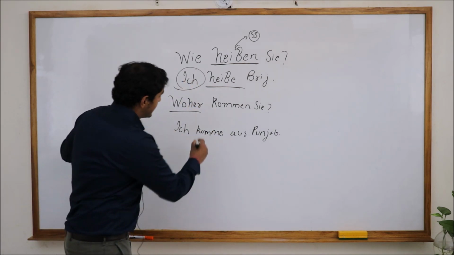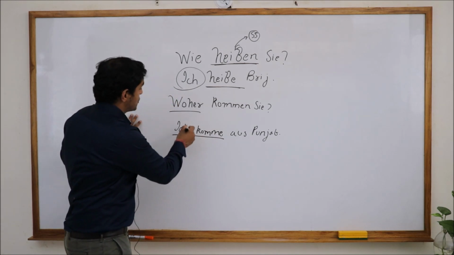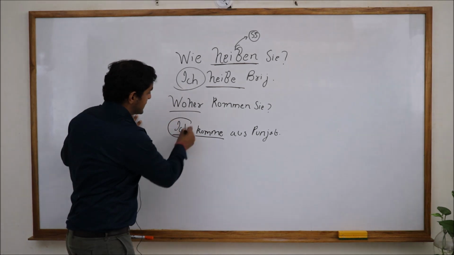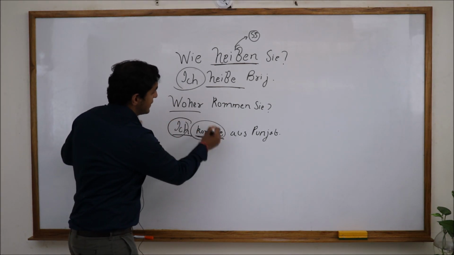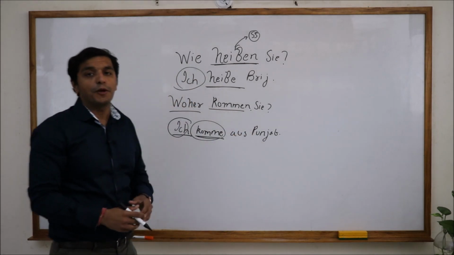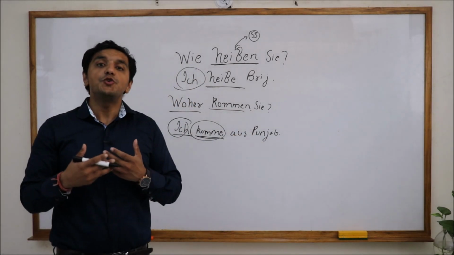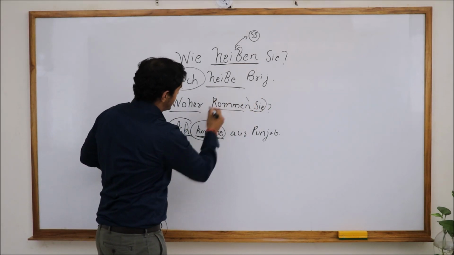Also notice that the verb form is changing depending upon the pronoun. When I am using it with ich, komme, which is the verb, is losing its N which it had in the question. In the question I am using the you form because I want to understand where do you come from, which is Sie, and that is why I have kommen.